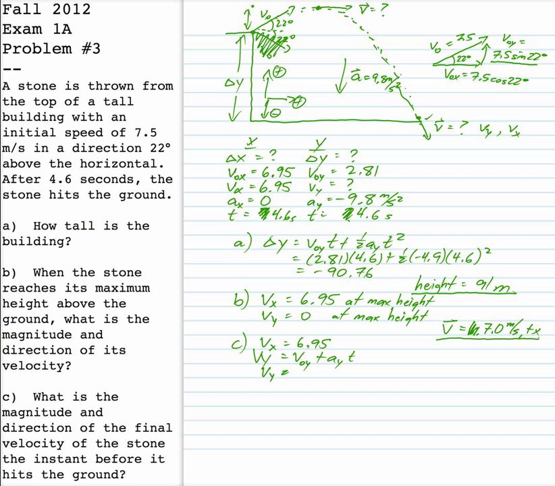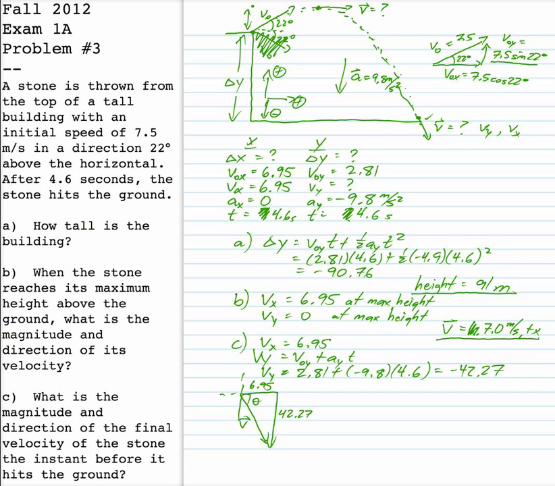Okay, so Vy is equal to 2.81 plus negative 9.8 times 4.6, which is negative 42.27. Okay, so now I can make a little triangle here, my x component and my y component. The x component of the final velocity is 6.95. The y component is 42.27, pointing down.